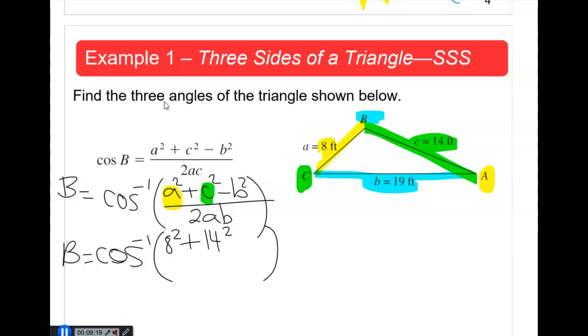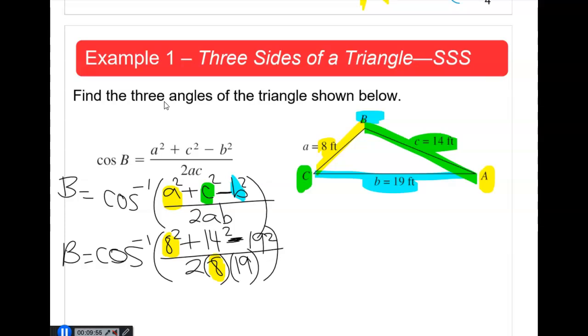Then we need a minus because we have a minus in the formula, and then we're going to need b squared. The measurement for b is 19, but we have to square it as well. Then we divide everything by 2 times a, which is 8, and b, which is 19. So we could see all of that. A is here and here.